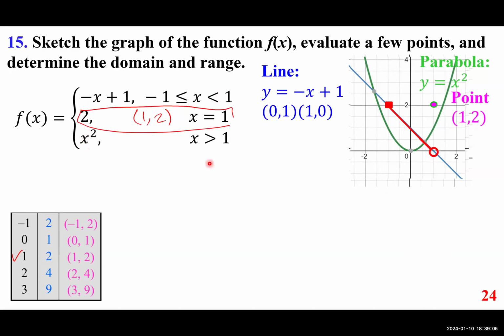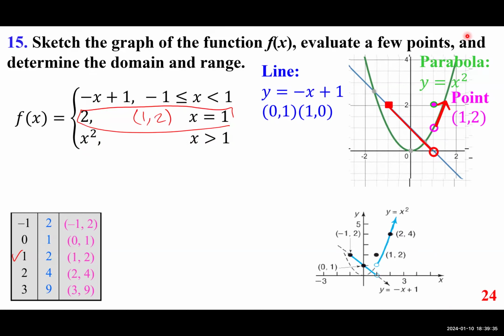Where does this start? It starts at 1. So that means at 1, it starts here, but it's a hole there because at 1, it is not included. If you plug in 1, you get 1. So (1, 1) is here, and you put a hole there. Why is there a hole? Because we don't have the equality, and the rest of it continues.